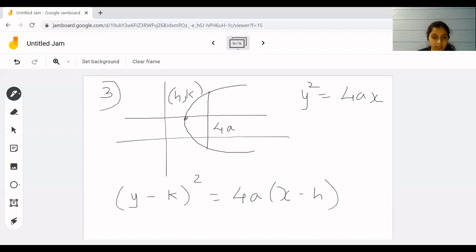Here h and k are arbitrary constants, so let us differentiate this equation with respect to x. 4a is the latus rectum, a fixed value, like a constant 4 or 5. h and k could be changing, which is why they are our arbitrary constants.